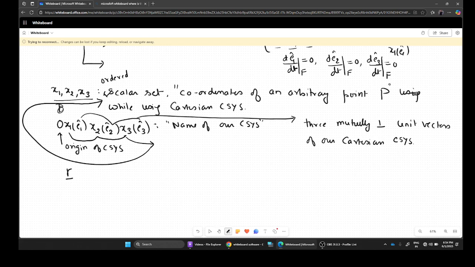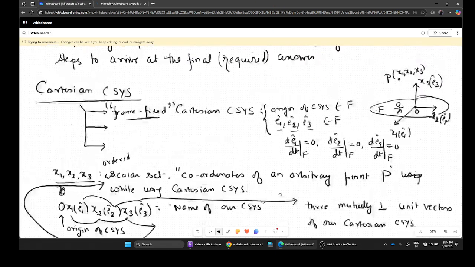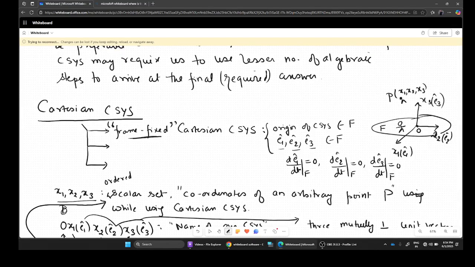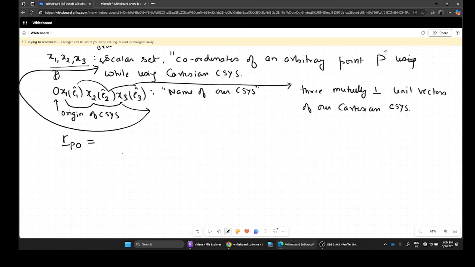Now note that using x1, x2, x3 and E1, E2, E3, I can write the position vector of point P measured from O. This is our PO. That can easily be written as this. Okay.